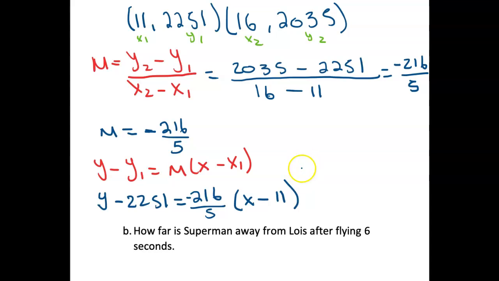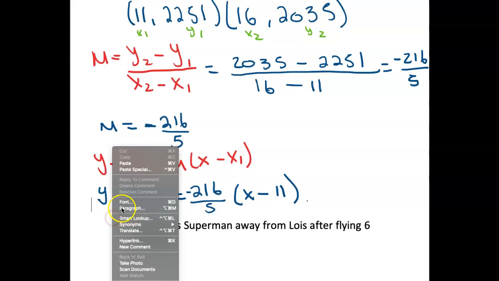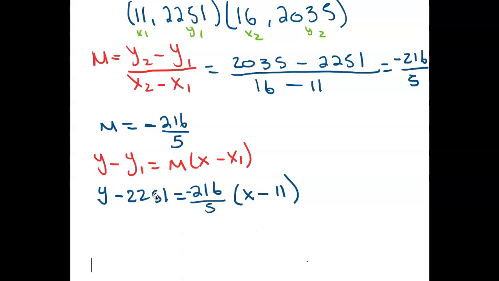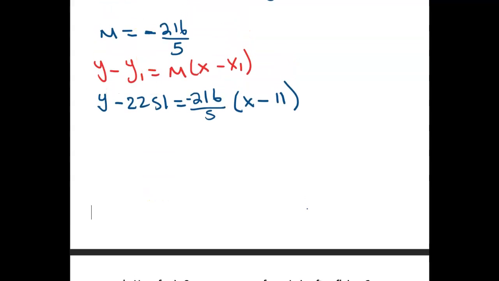I'm going to go ahead and distribute, running a little bit out of space. Let's see if I can fix that. Okay, perfect. Now let's go ahead and distribute. Remember, when we're multiplying fractions, we multiply the top times the top, the bottom times the bottom.